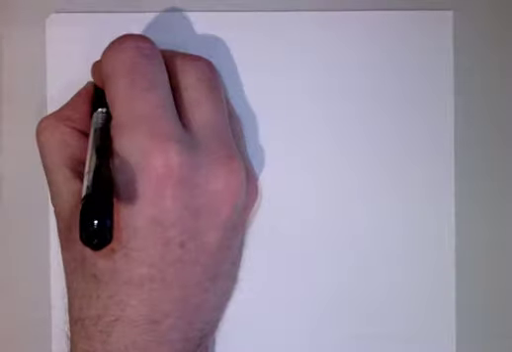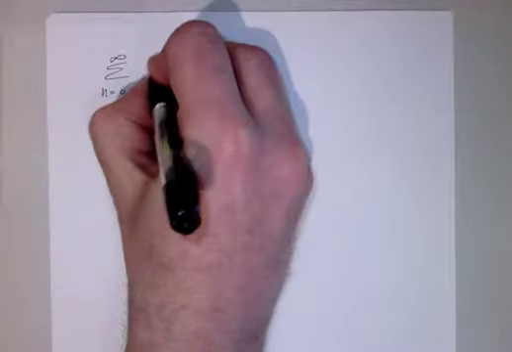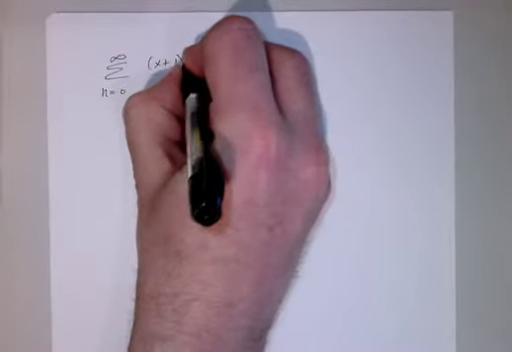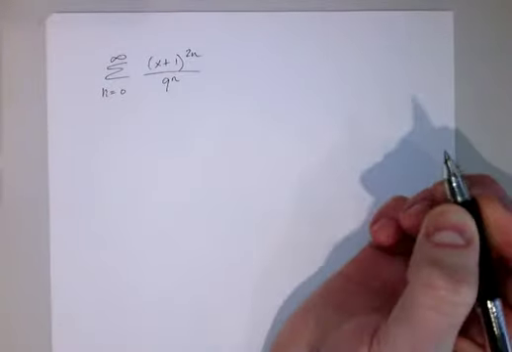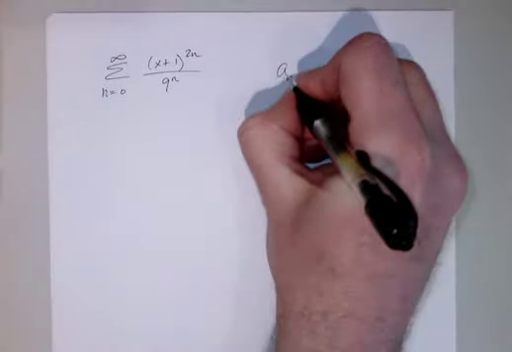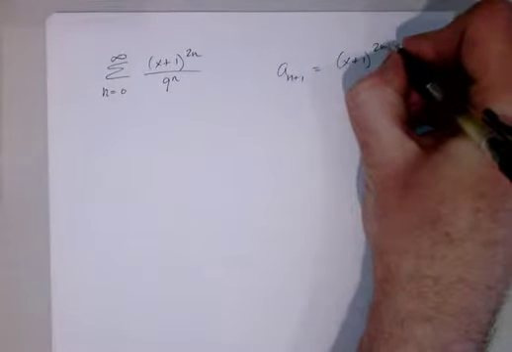Okay, how about, okay, that'll be fun. (x plus 1) to the 2n over 9 to the n. Well, a sub n plus 1 is going to be (x plus 1) to the 2n plus 2, right?